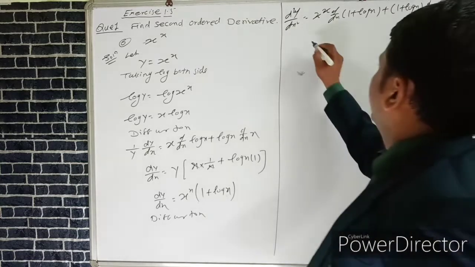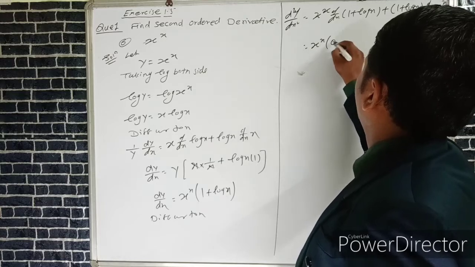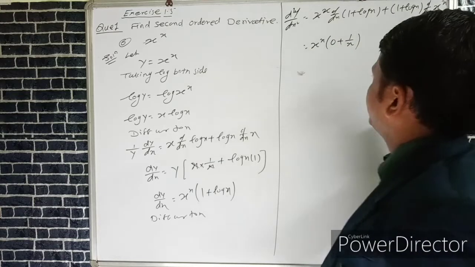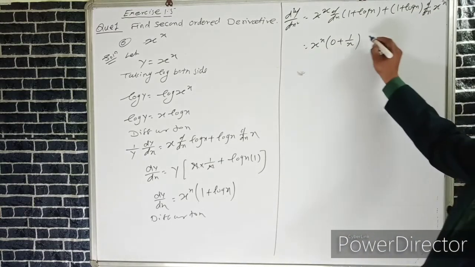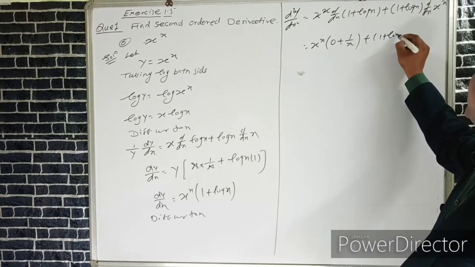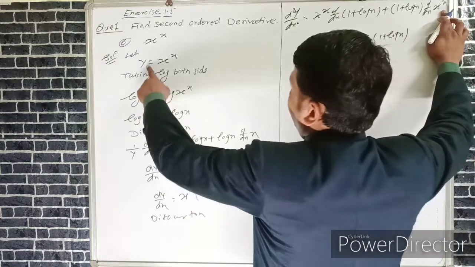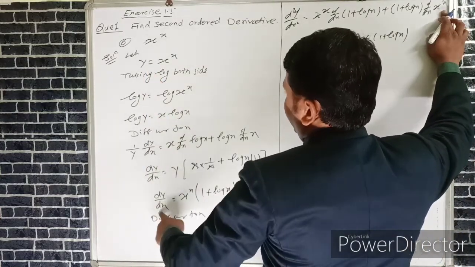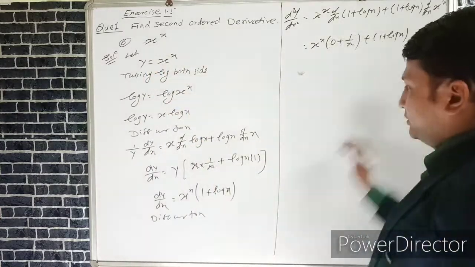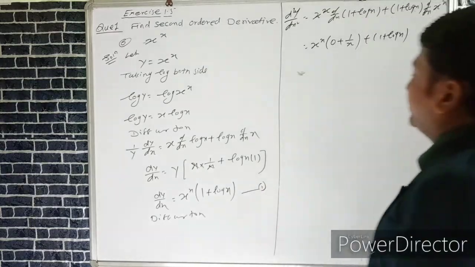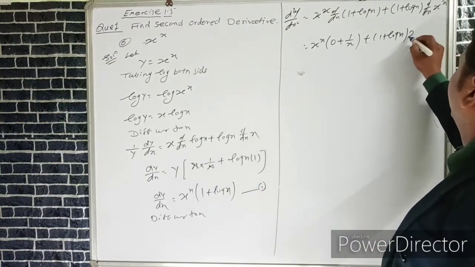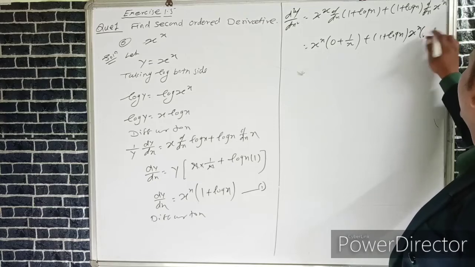Here x raised to the power x as it is, the derivative of 0 plus log x is 1 by x. Again 1 plus log x as it is. Here x raised to the power x means y, and the derivative of y, which is dy by dx, means the derivative of x raised to the power x, which is x raised to the power x into 1 plus log x.